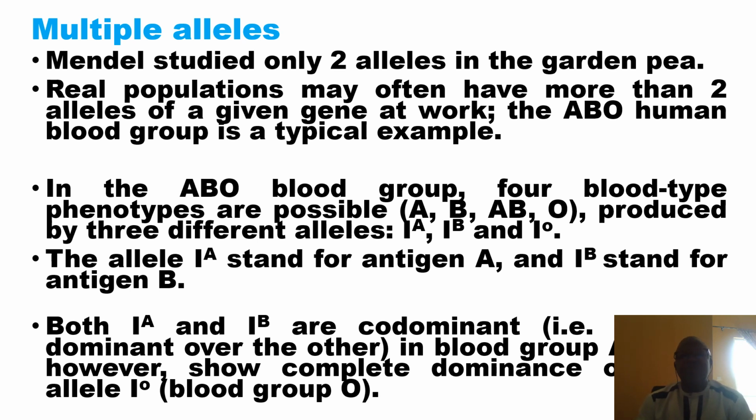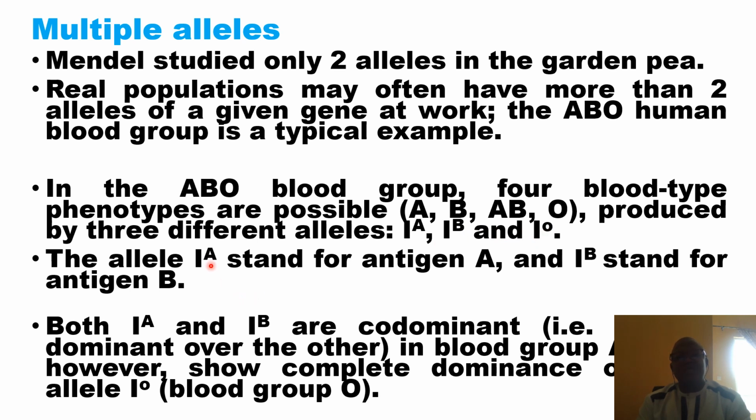And a typical example is the ABO human blood group. Now, in the ABO blood group, there are 4 different types of phenotypes or blood groups. These are A, B, AB, and O. Meanwhile, these are produced by 3 different alleles, represented as I^A, I^B, and i.